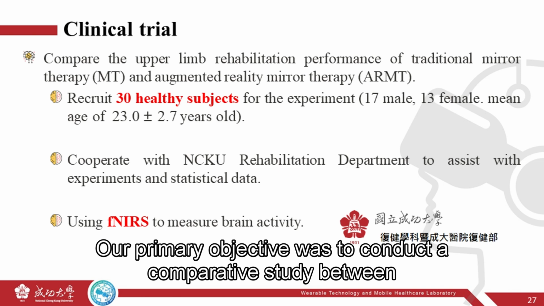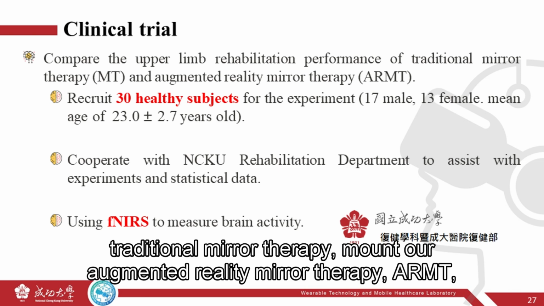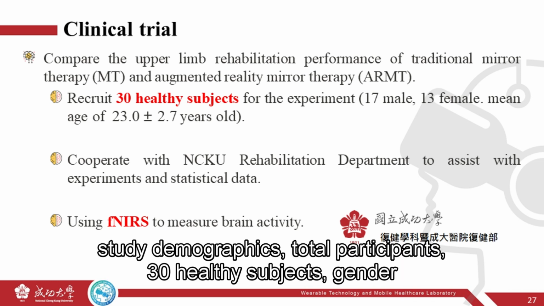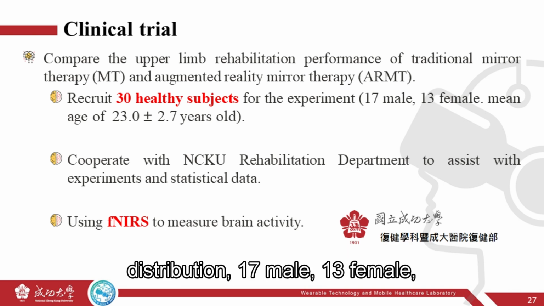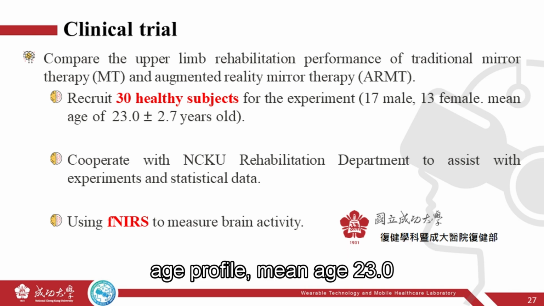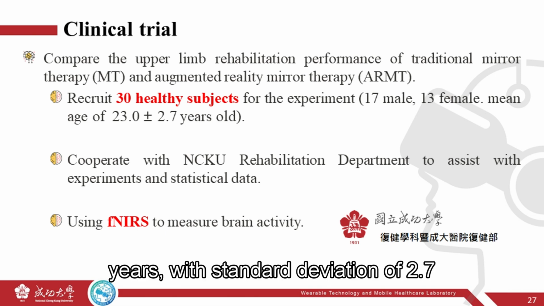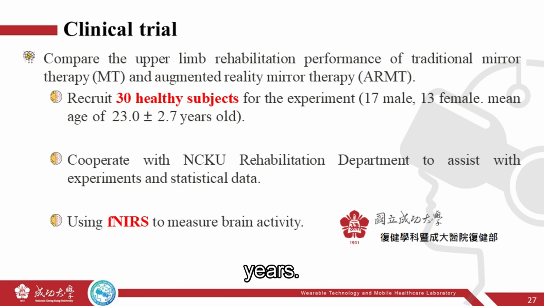Our primary objective was to conduct a comparative study between traditional mirror therapy, MOUNT, and our augmented reality mirror therapy, ARMT. Study demographics: total participants, 30 healthy subjects; gender distribution, 17 male, 13 female; age profile, mean age 23.0 years, with a standard deviation of 2.7 years.